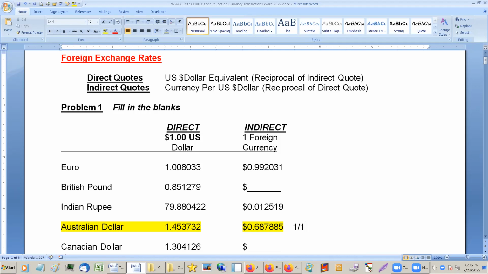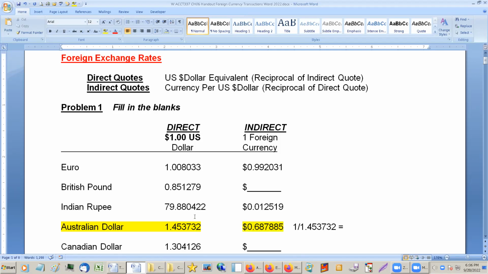So 1 divided by 1.45, whatever that equals. 0.6878885. Okay, so that's how they came up with that.